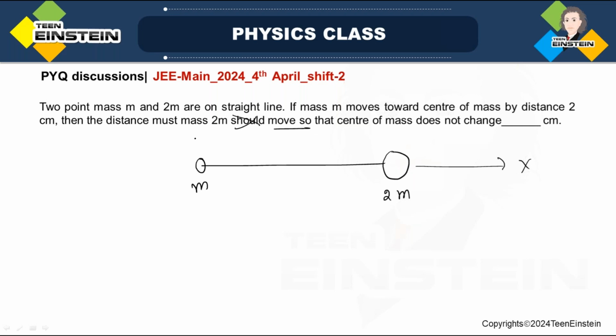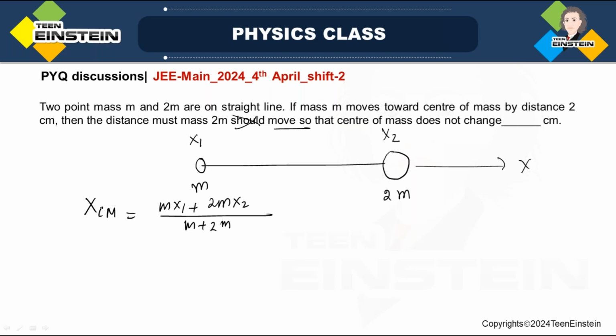If I know that this is the x1 and this is the x2 coordinate, then I can easily find the coordinate of the center of mass. How? m x1 plus 2m x2 divided by m plus 2m, like this, isn't it?